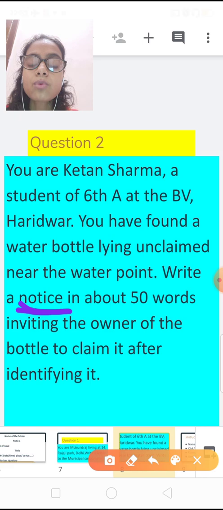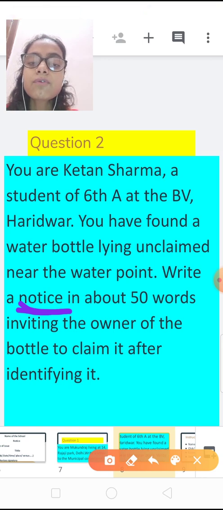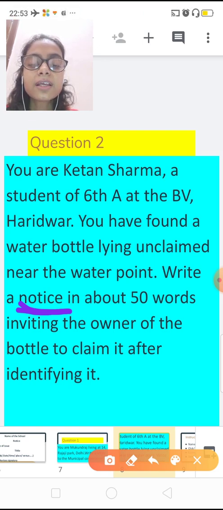You have found a water bottle lying unclaimed near the water point. So the body of the notice is that you have found a water bottle unclaimed near the water point. Write a notice in about 50 words inviting the owner of the bottle to claim it after identifying it.